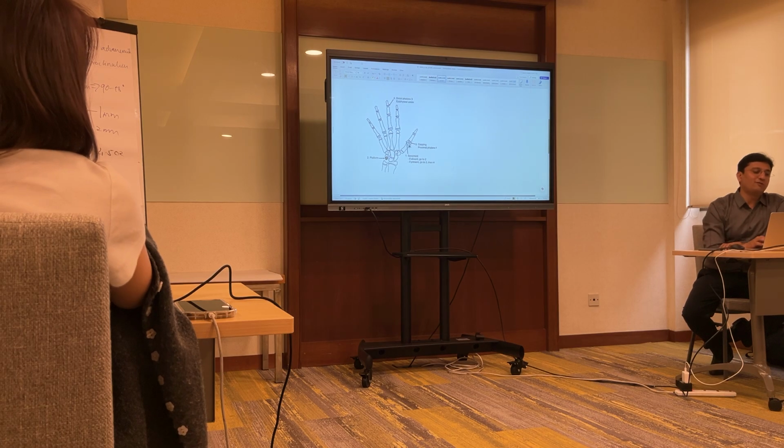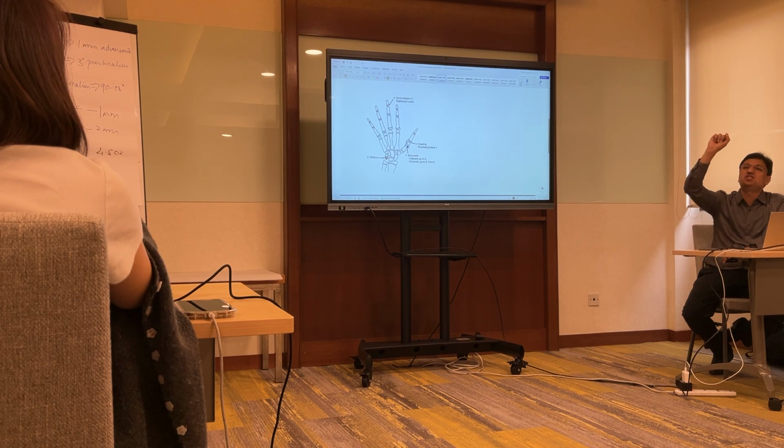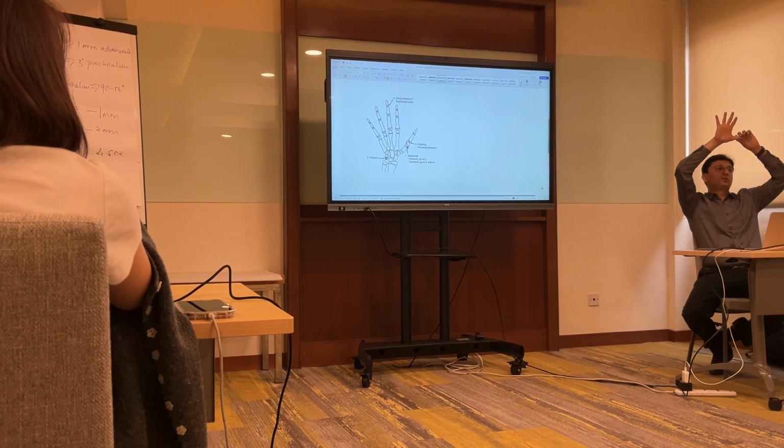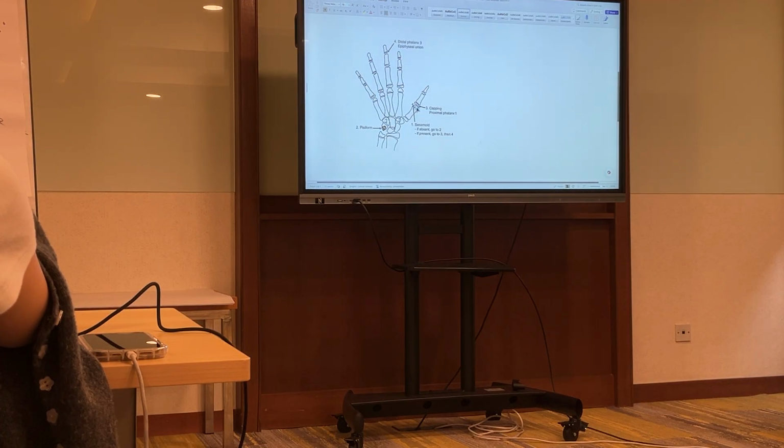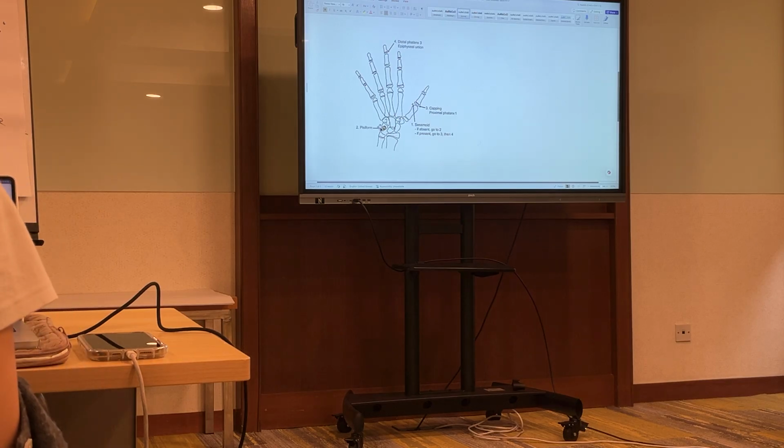The next bone you have to look for is your sesamoid. Sesamoid is a small T-shaped bone next to your thumb. Presence of sesamoid shows the patient is stage 3. Presence of pisiform shows the patient is stage 2.